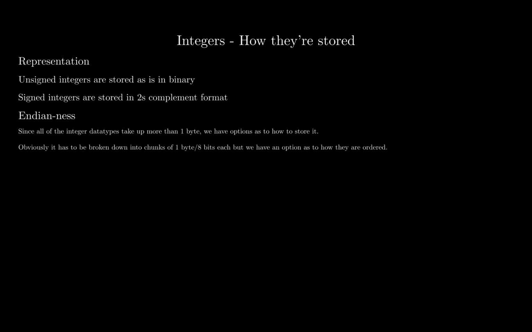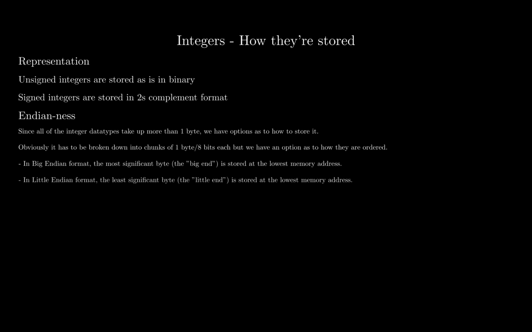We can have a lot of different permutations with 4 or 8 bytes, but it only makes sense for two ways, big endian and little endian. Big endian, you just take the big end and put it first. And little endian, you take the little end and put it first. First as in, it's going to be stored at the lowest memory address. So it's going to start with the little end or it's going to start with the big end.